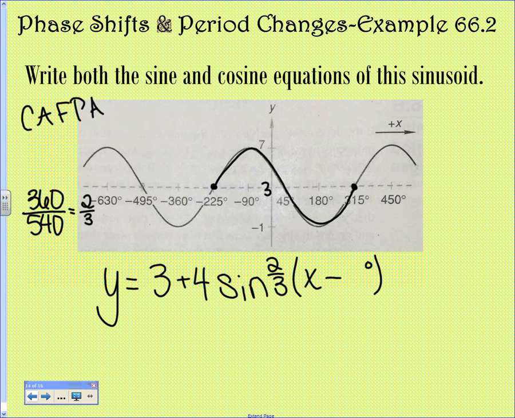Well, for sine, where is it going up? It's going up at 315. Where else is it going up? -225. Which one is closer to the origin? Okay, -225. So this becomes a plus 225. So that's the first equation.